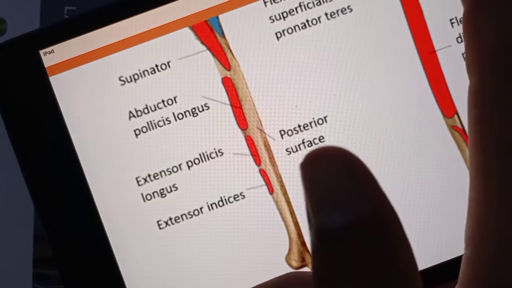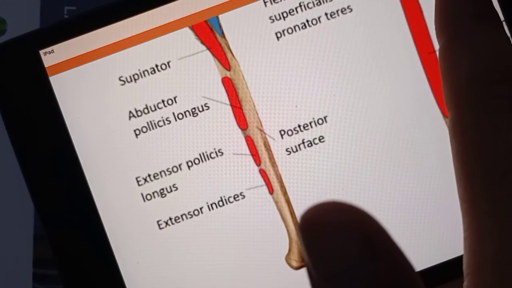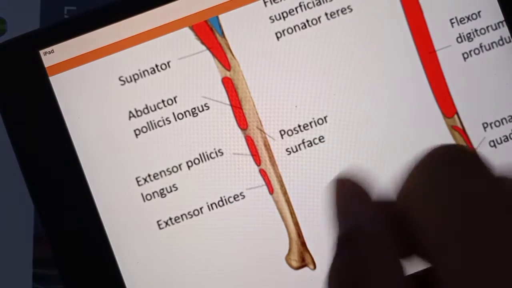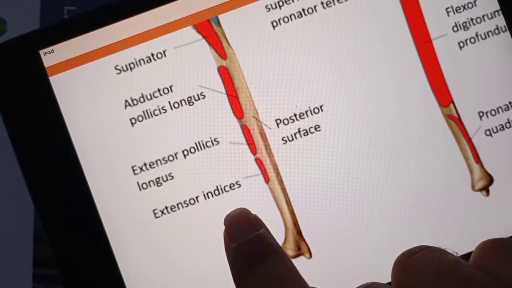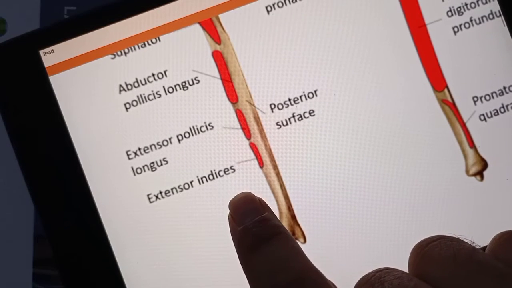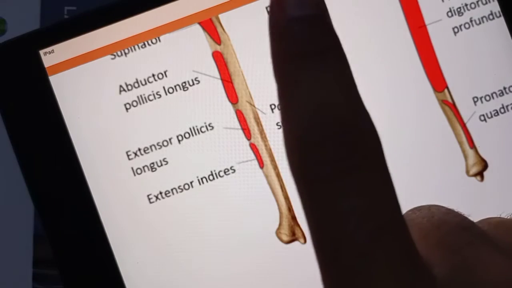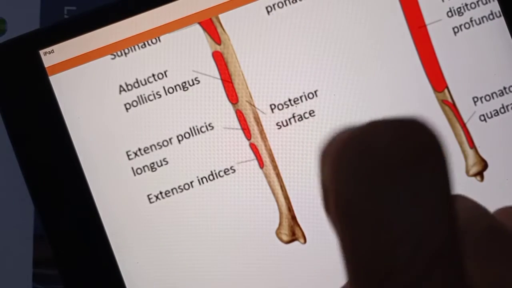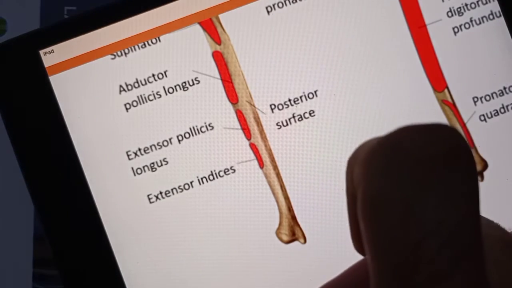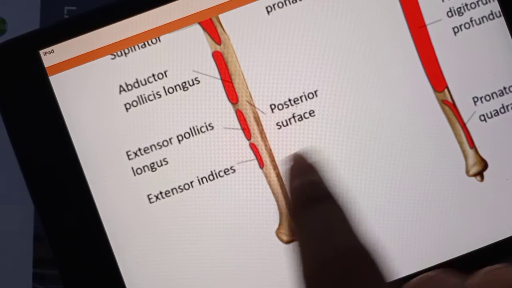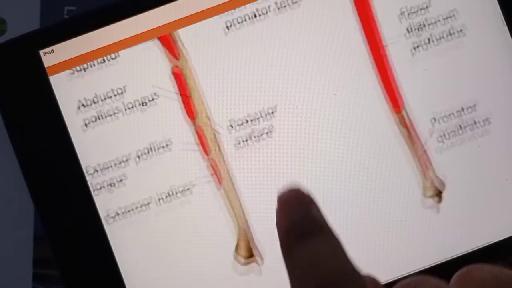It helps in extension of the thumb. This is the flexion, this is the extension of the thumb. The third one is extensor indicis, which helps in extension of the index finger. So if I am extending the finger, this is because of the extensor indicis muscle.